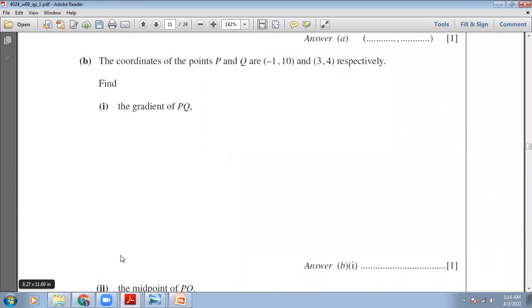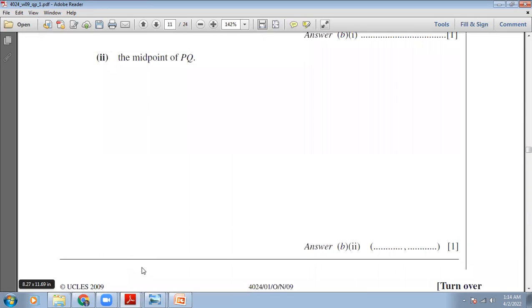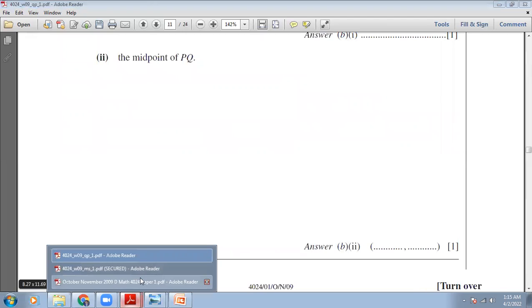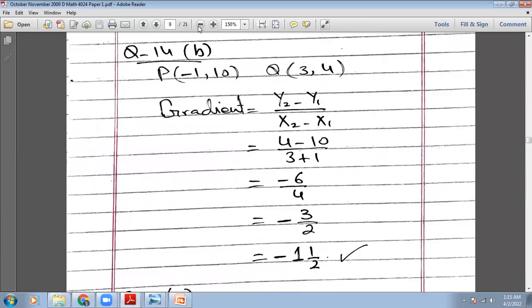Question number 14, B part, he said the coordinates of the points P and Q are (-1, 10) and (3, 4) respectively. Find the gradient of PQ. Then their question is find the midpoint of PQ. If you want to find the gradient of the line PQ, the formula is very simple.